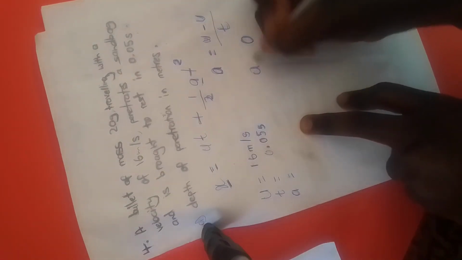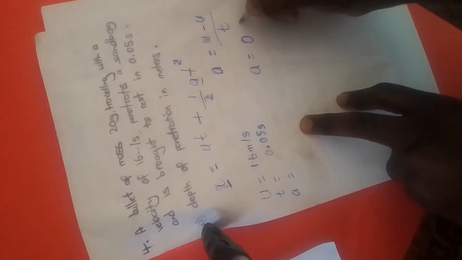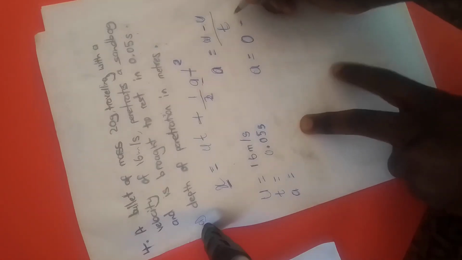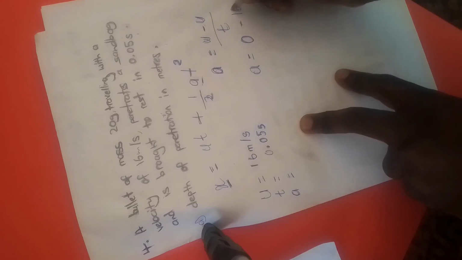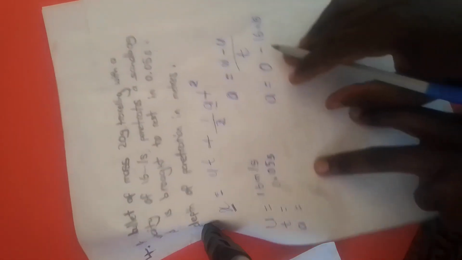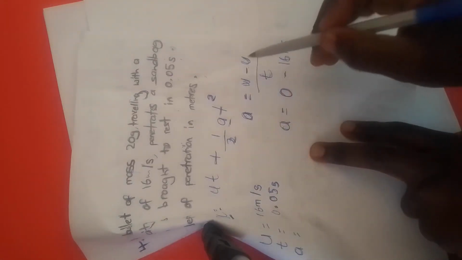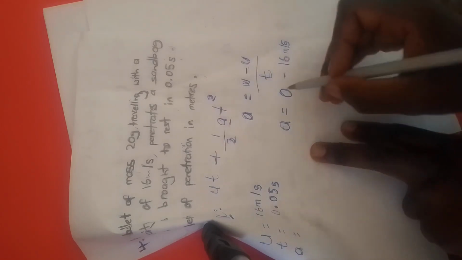So a, the acceleration we want to find, a is equal to 0 minus what? Minus 16 meters per second, because u is equal to what? We said u is equal to 16, right? Then the final velocity is equal to 0 because the bullet was brought to rest.